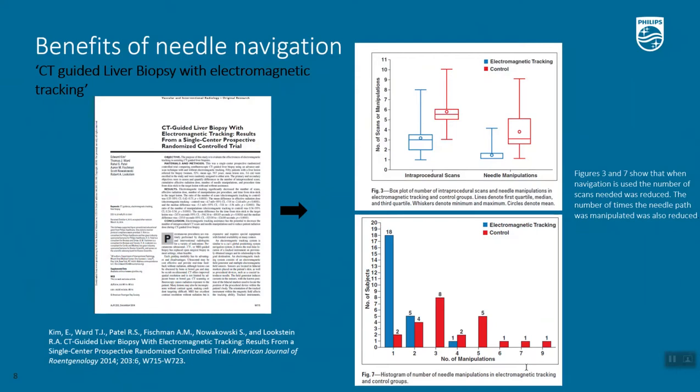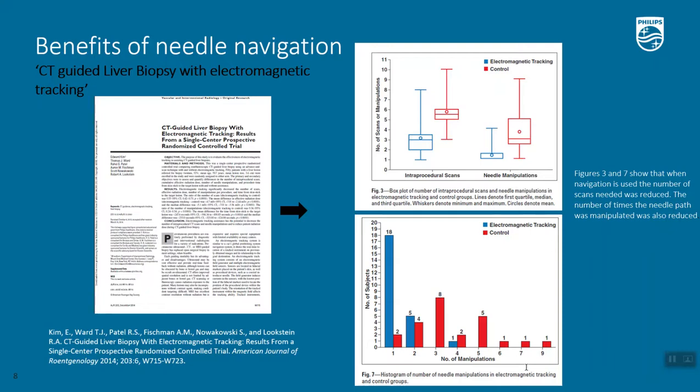This is a paper published by the Department of Radiology of Mount Sinai Medical Center in New York. This paper talks about the advantages of needle navigation in CT-guided liver biopsies.